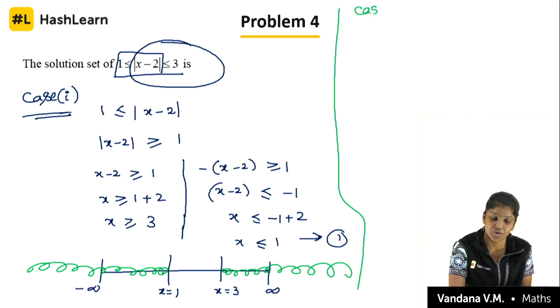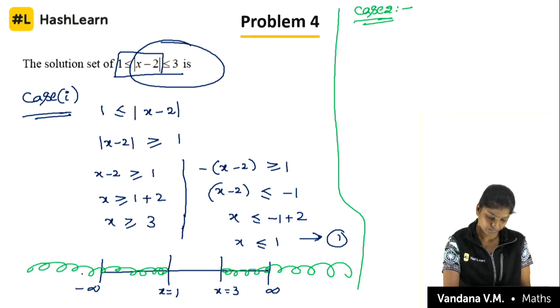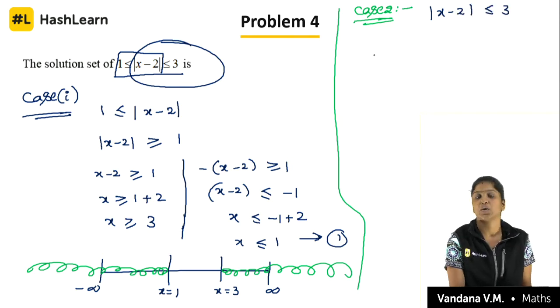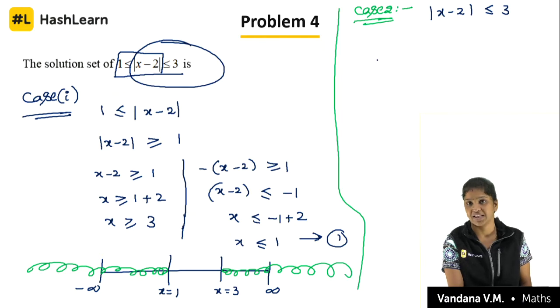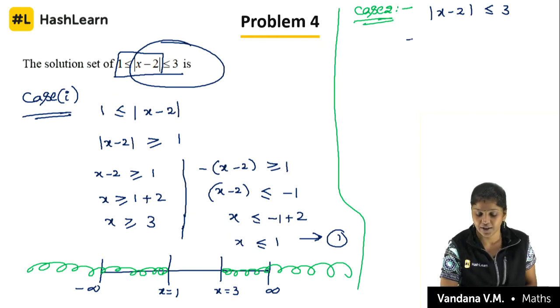What is your case 2? That is mod x minus 2 less than or equal to 3. I told you already, whenever we have less than or equal to on the right hand side, we can split directly. That is minus 3 less than or equal to x minus 2 less than or equal to 3.